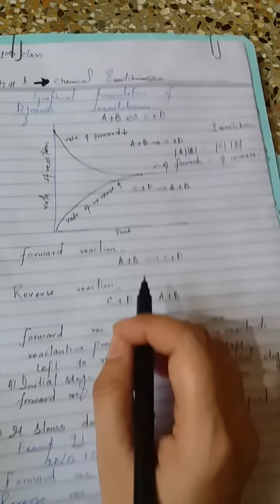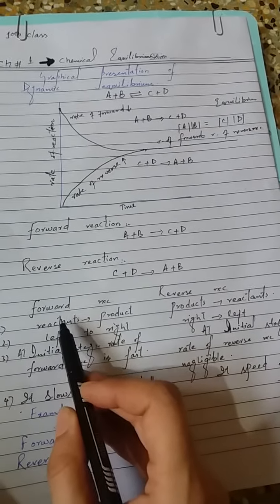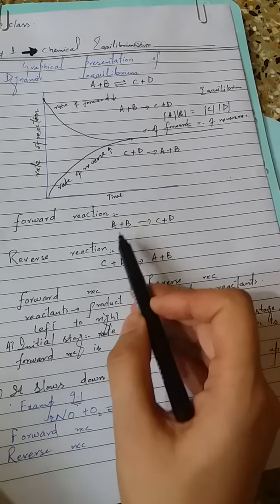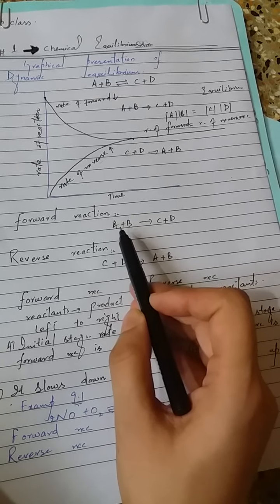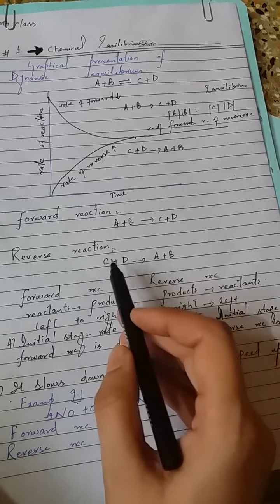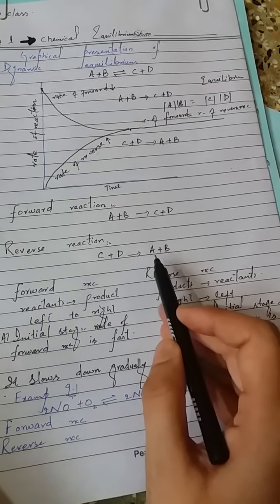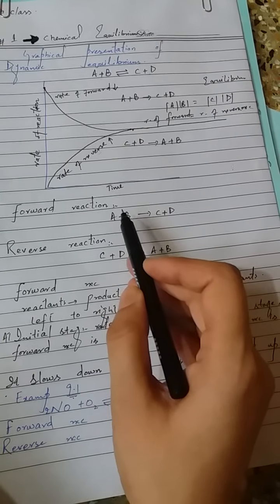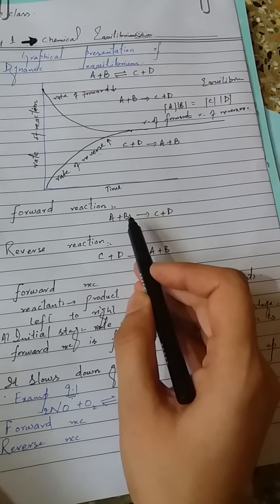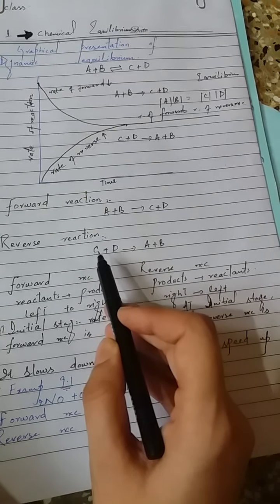What is the difference between forward reaction and reverse reaction? Forward reaction is that type of reaction in which reactants are converted into products, and reverse reaction is that type of reaction in which products are converted into reactants.